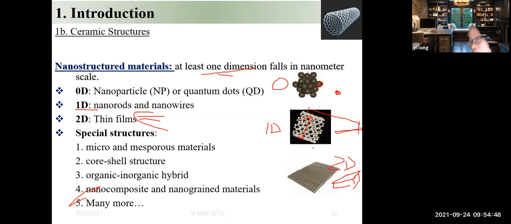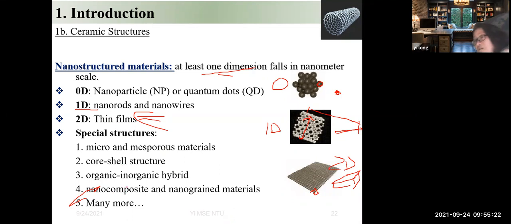For 2D, the thickness of the film is in the nano range. We call this a 2D structure. So 2D is like paper, 1D is like a pencil, and 0D is just a dot. Then besides all these 0D, 1D, 2D, we have special structures like mesoporous, core-shell, organic-inorganic hybrid, nanocomposite, and many, many more.